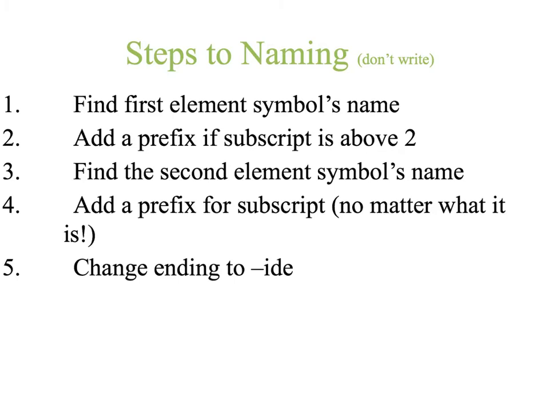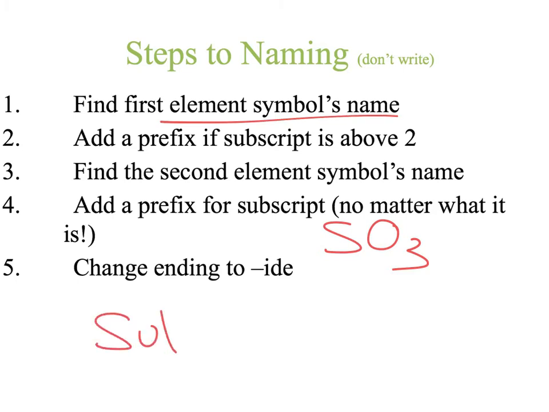So if we see something and we want to name it, we look up the symbol's name. If the subscript is above 2, this one's not, then we'd add a prefix. Note, prefix comes first.